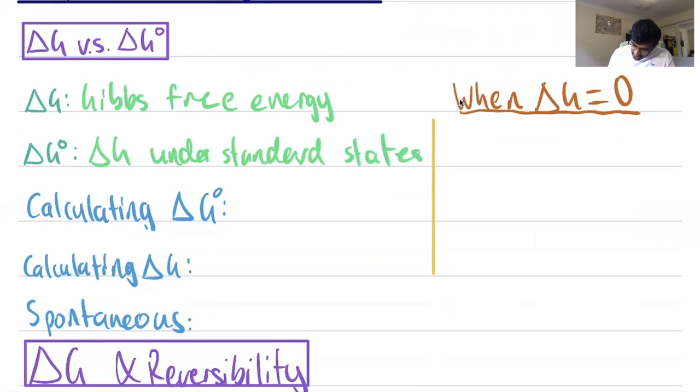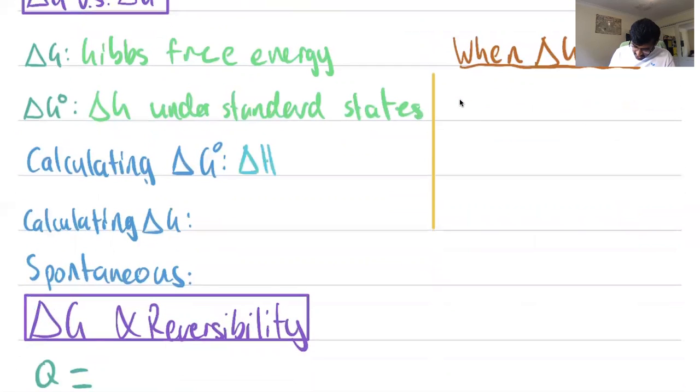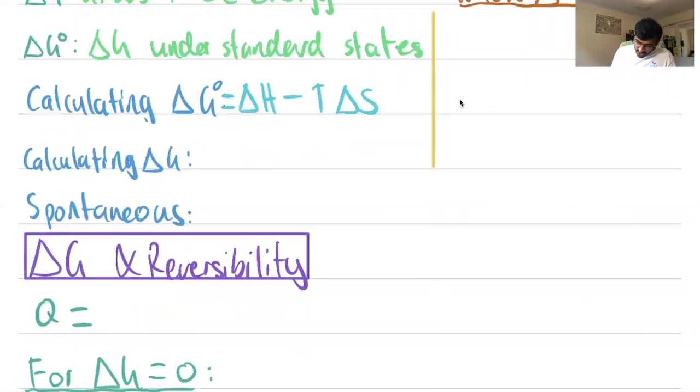In terms of how we calculate these two things, delta G naught is calculated using the formula delta H minus T delta S. When we calculate delta G, not delta G naught, it's similar but slightly different.